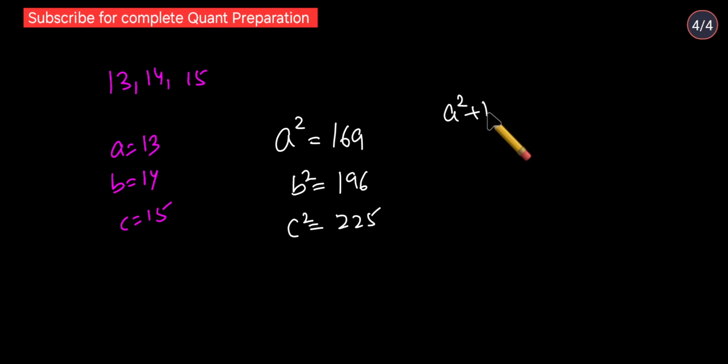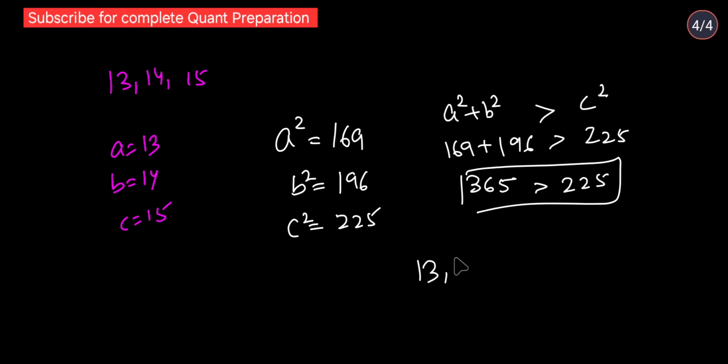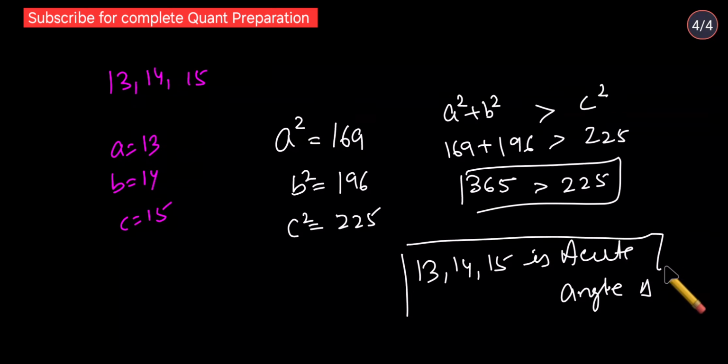If I add a square plus b square, this is 169 plus 196, which is 365, and c square is 225. So I can say this is greater than c square. So this triangle, 13, 14, 15, is actually an acute angle triangle. Acute angle triangle. I hope it is clear to everyone, right?